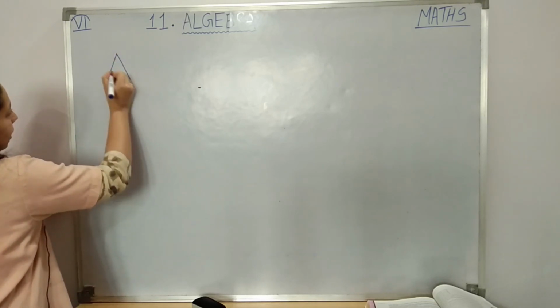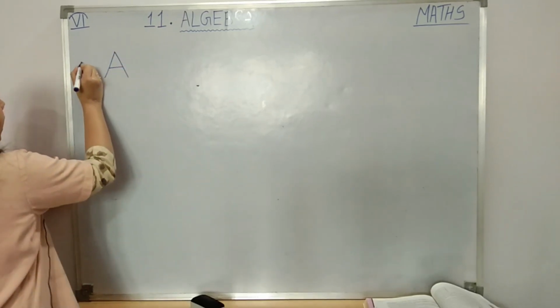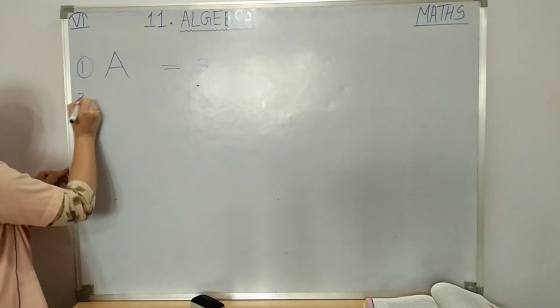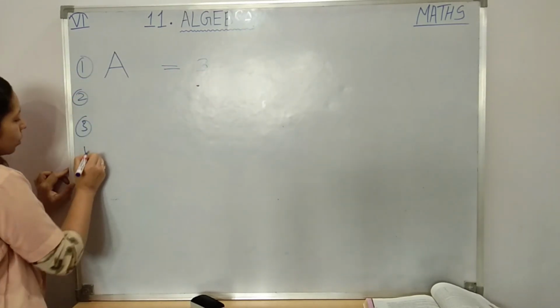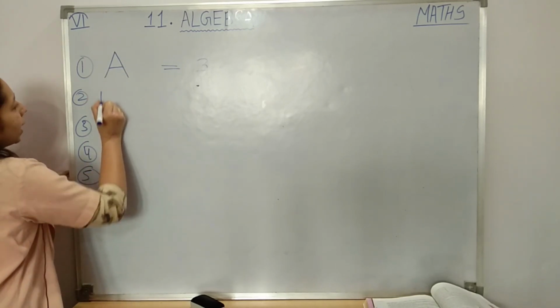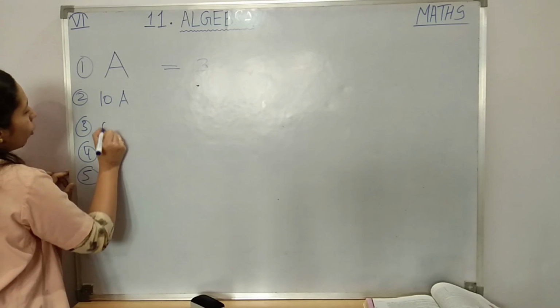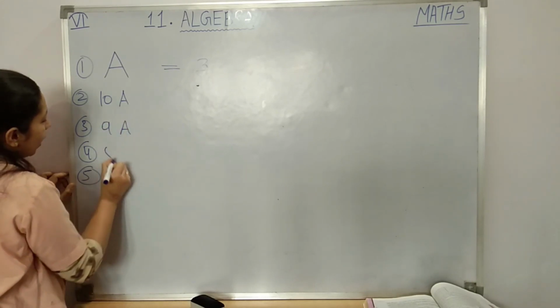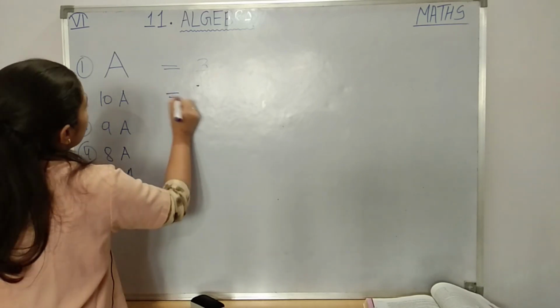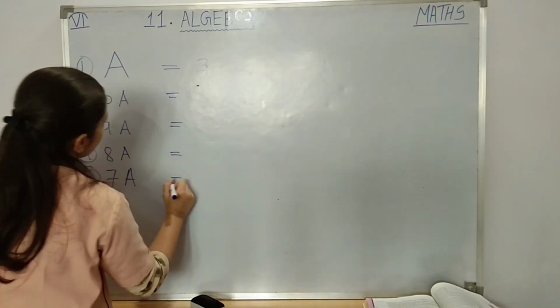Now, if I want to make pattern A using matchsticks, for 1 A, you will require 3 matchsticks, isn't it? Now, some more numbers we will take. Here I want to make 10 A's. Here I want to make 9 A's. Here I want to make 8 A's. Here I want to make 7 A's. So, how to find out, students, how many matchsticks we are going to use?